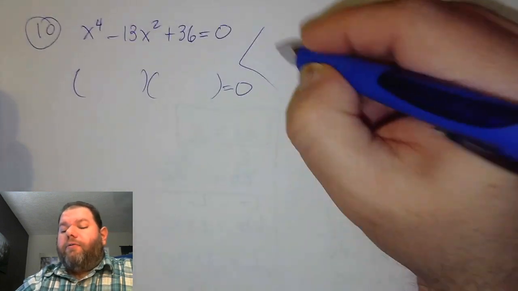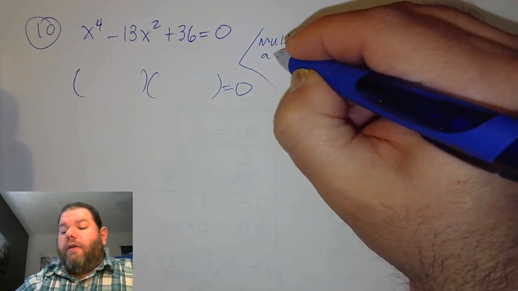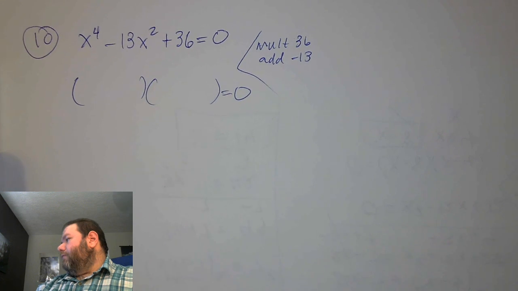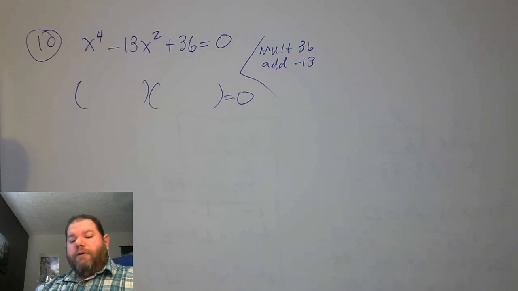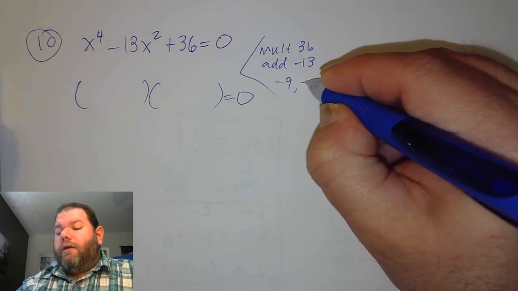So we think about what multiplies to 36 and then adds to negative 13. And that would be negative 9 and negative 4.